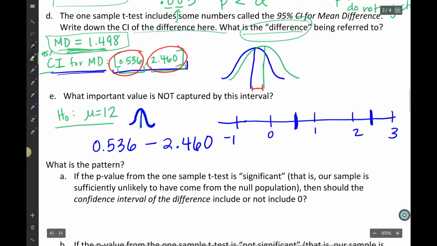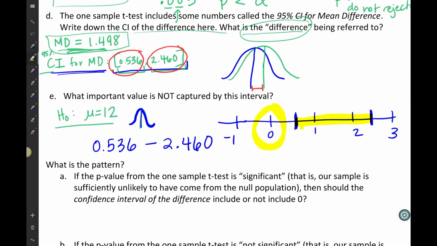So we're looking at the interval right here. We think the true mean difference between that claim of 12 and the real population average is somewhere in this interval. We think they're at least this much different and at most about that much different. Notice that 0 is not in this interval. It's outside of the interval.